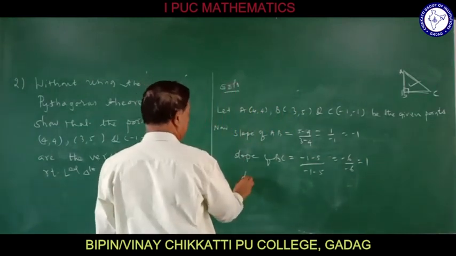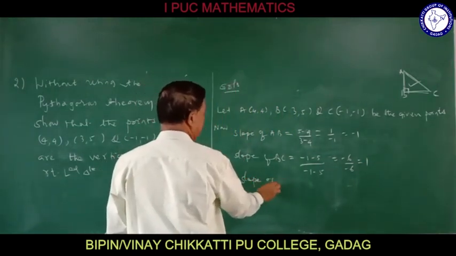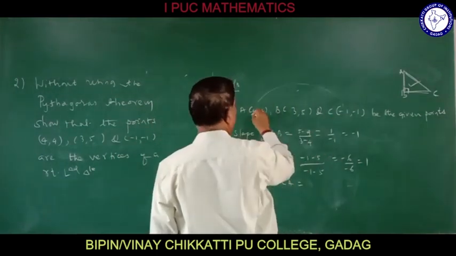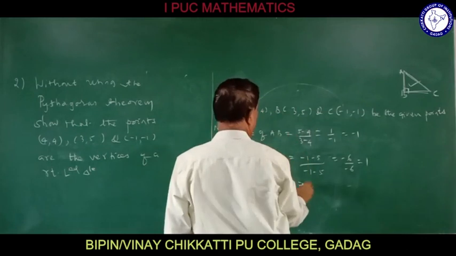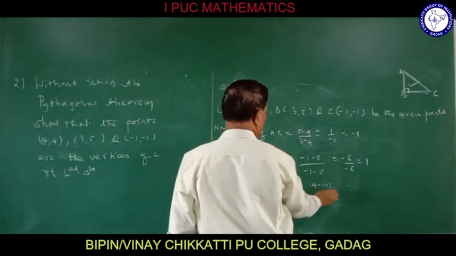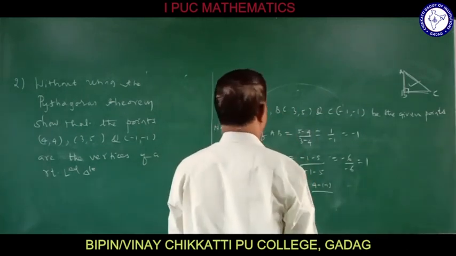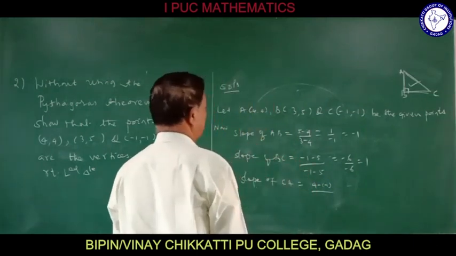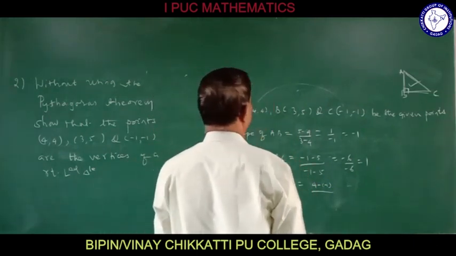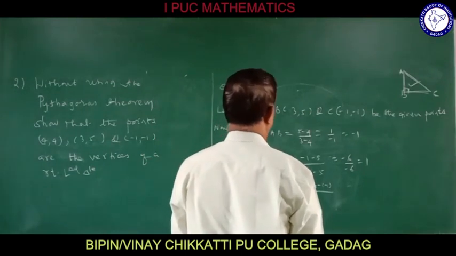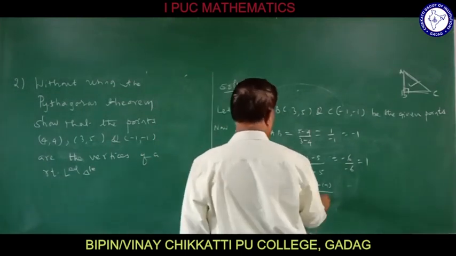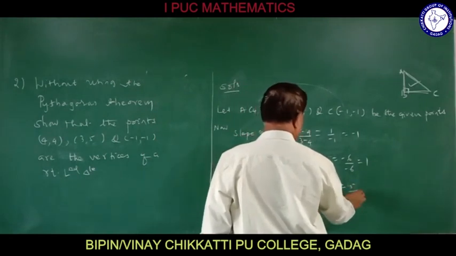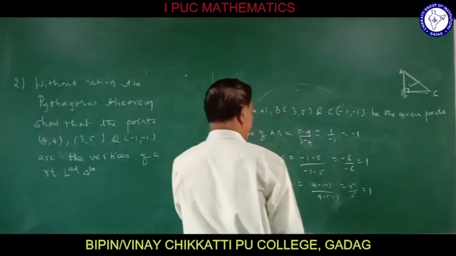And the slope of CA is equal to y2 minus y1 divided by x2 minus x1, that is 4 minus -1, that is 5 by 5, which is equal to 1.